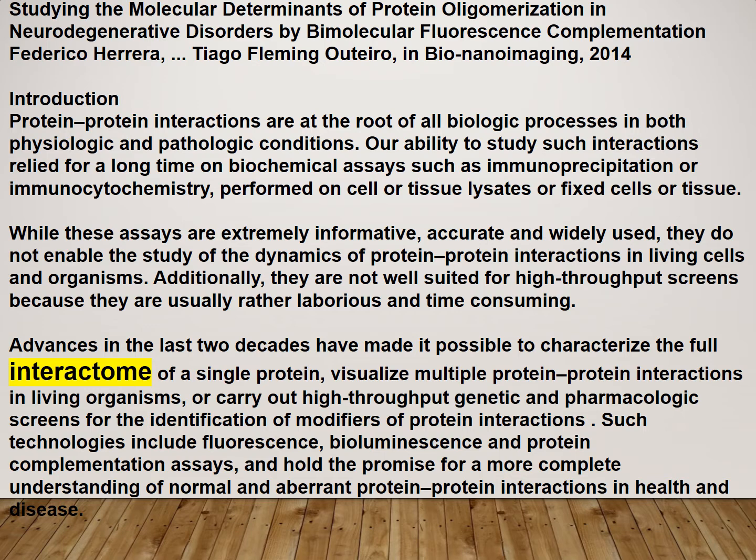And so our ability to study those did rely on protein biochemical assays. And we're going to talk a little bit about immunoprecipitation. This is immunoprecipitation. So this is an antibody that pulls a protein out. Immunochemistry, detecting proteins in a histological slide in a part of a tissue or cells using antibodies, and you visualize it by cytochemistry and you see where it's located.